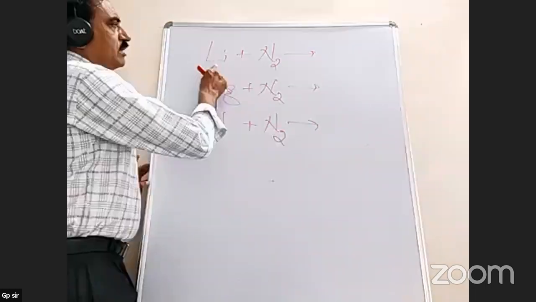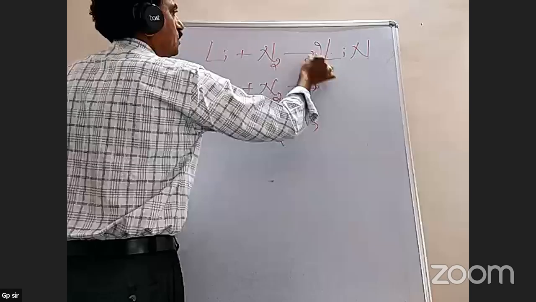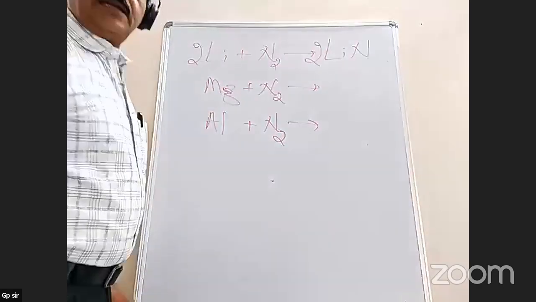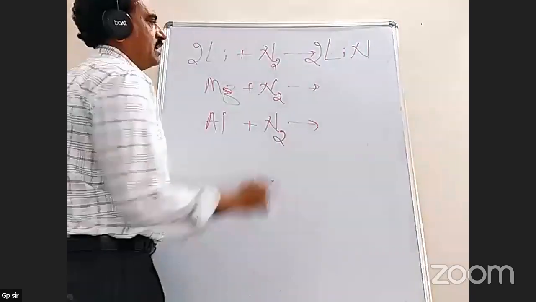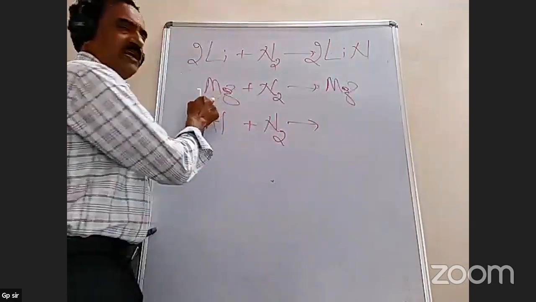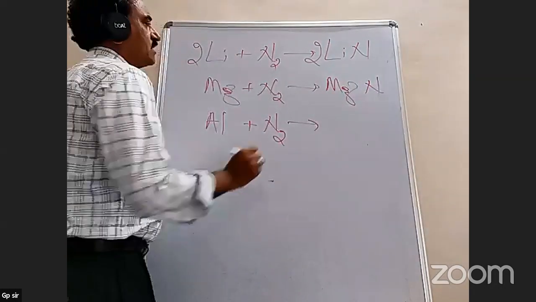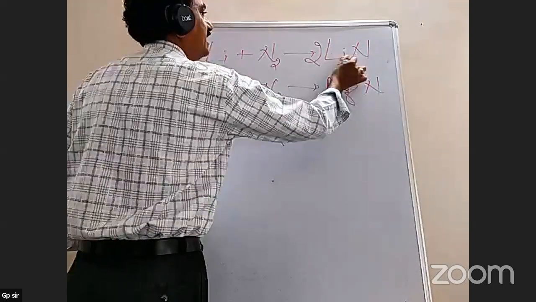What is the formula of this product formed? Lithium nitride has the formula Li3N, as lithium has valency 1. In order to balance, I take 6 Li. And how about this? Magnesium nitride. Magnesium has valency 2. Therefore, it forms Mg3N2.